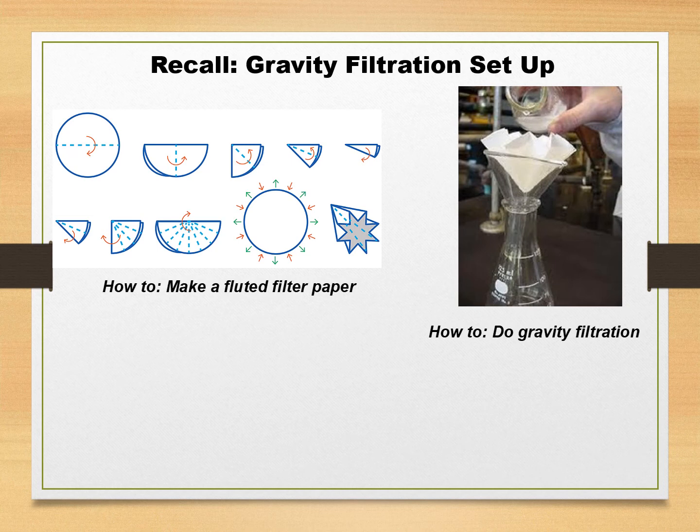Then you will end up having a good fluted filter paper, and then simply you can pour your solution of benzaldehyde mixed with magnesium sulfate into the filter paper, and you'll find the benzaldehyde at the bottom of the flask, and the magnesium sulfate will certainly be contained in the filter paper.